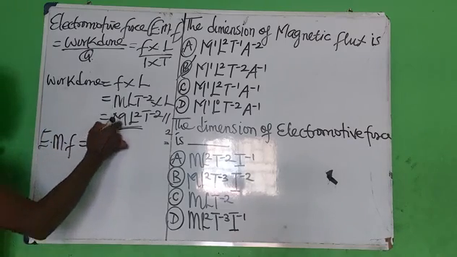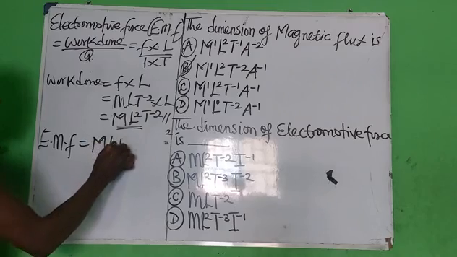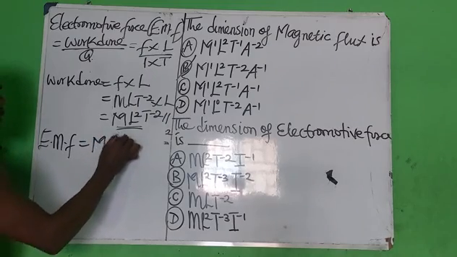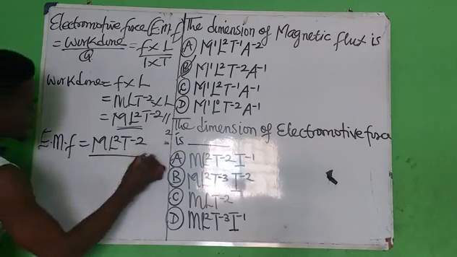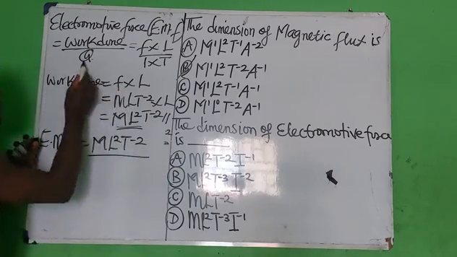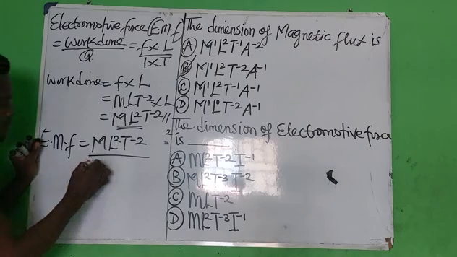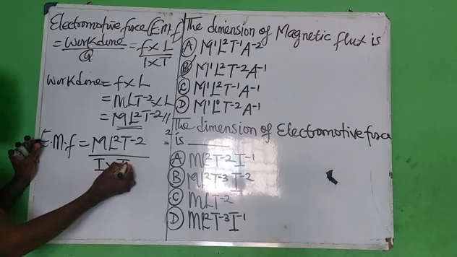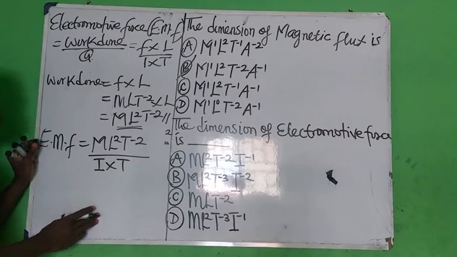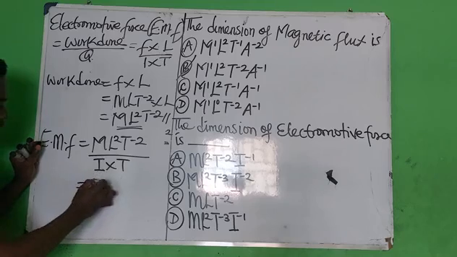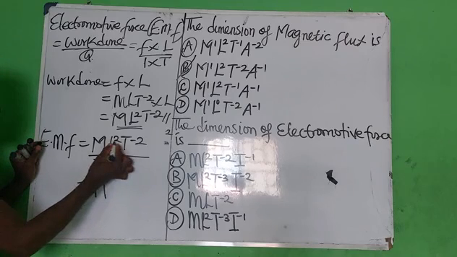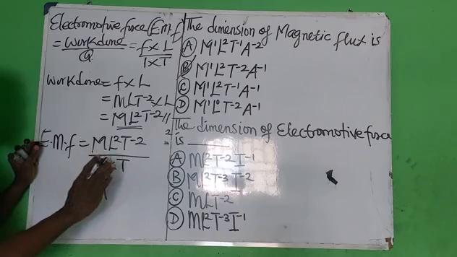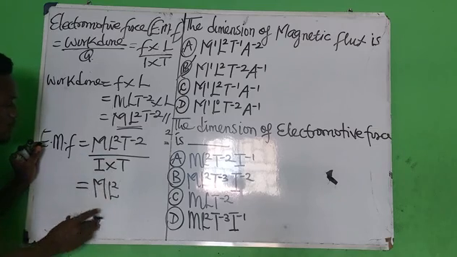Now, from what I have done so far, it means that EMF, work done, is ML squared T minus 2. Then we said that charge is IT. So I times T. As soon as this T goes up, it becomes minus 1. Therefore, I'll say M. This L squared is still there, it's not being affected. L squared.